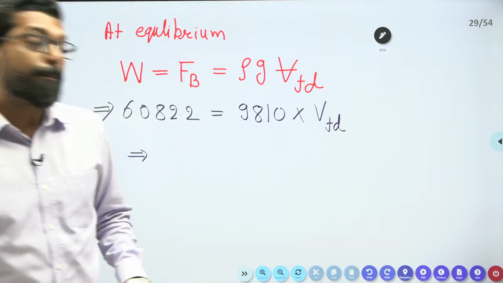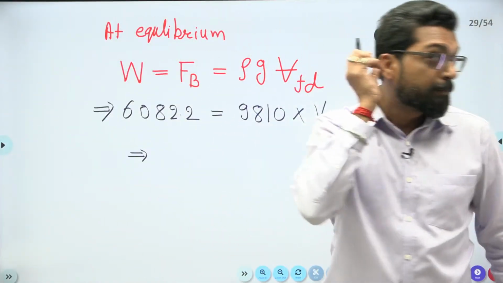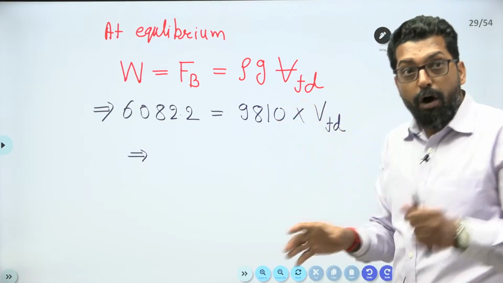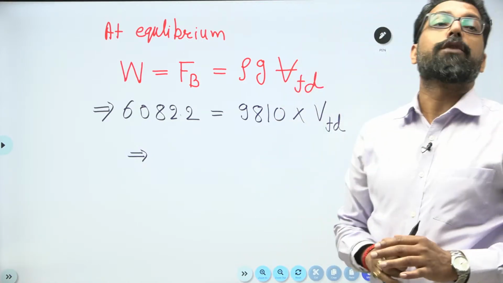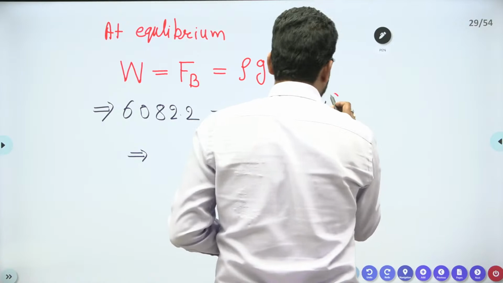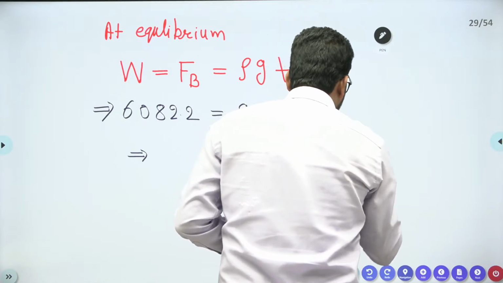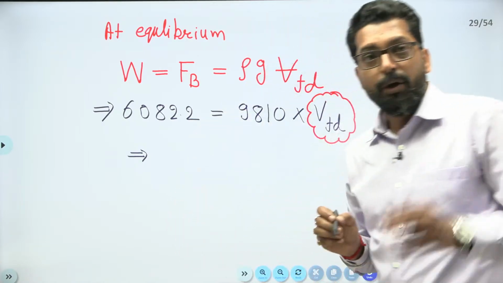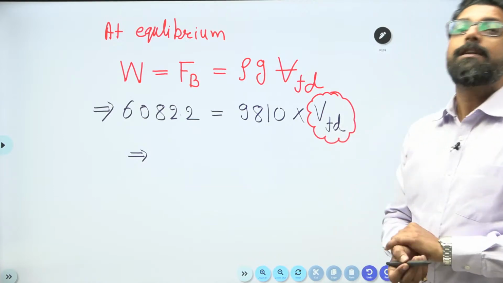And what is the physical meaning of displaced fluid? Displaced fluid is how much volume will be immersed in the fluid. This will indicate how much portion of the body will be immersed fully in the fluid.